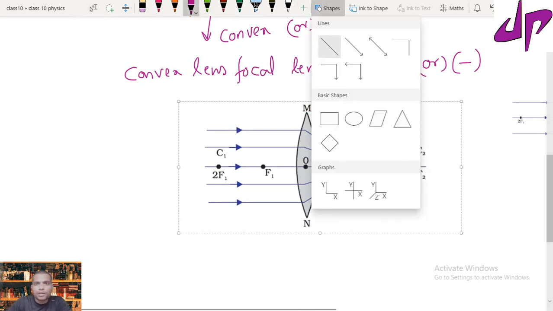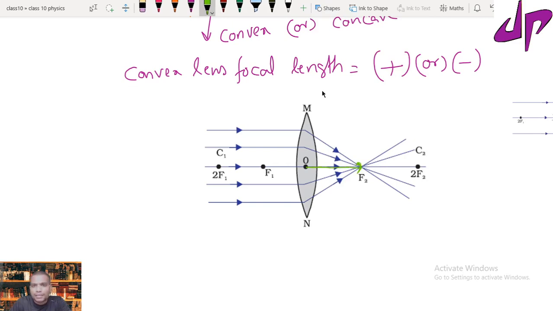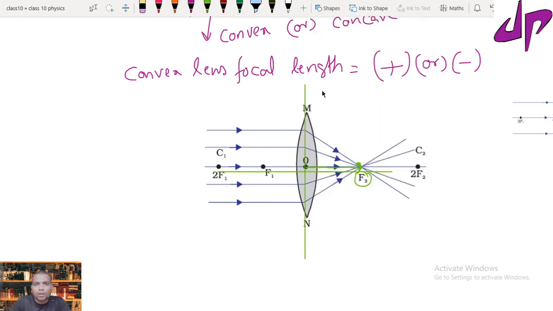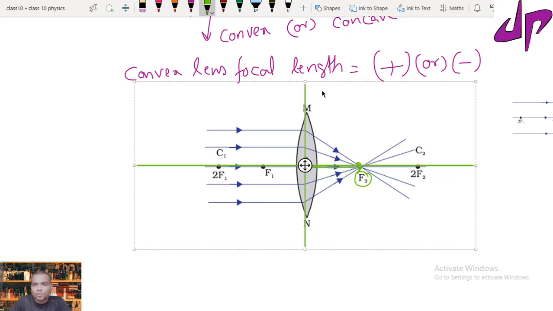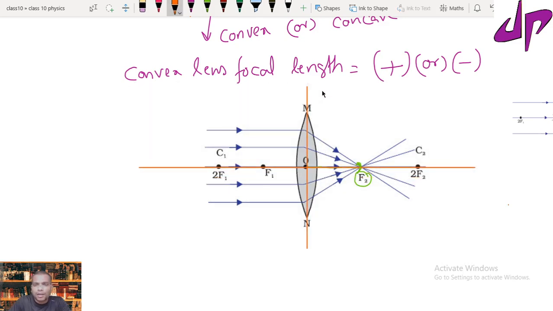According to the definition of focal length, the light rays converge after passing through the lens. These light rays converge at f2 after refraction. That f2 is along the positive x-axis. If you take that exactly at the optical center of the coordinate axis, it comes along the positive x-axis.